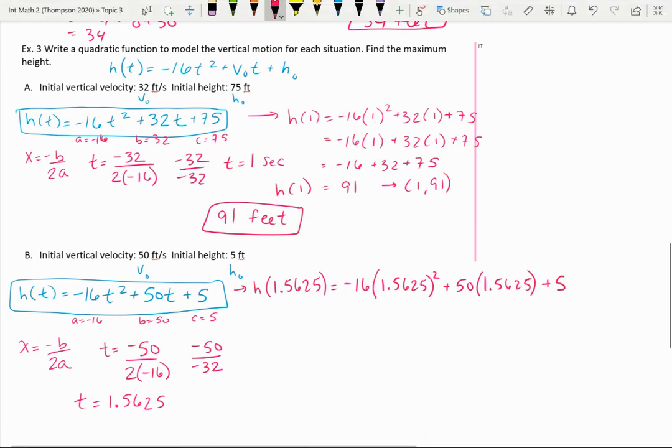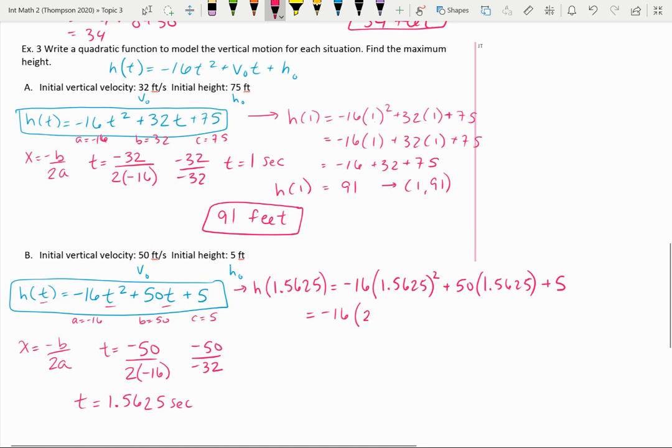So I've replaced all of my t's with my number of seconds to reach the vertex. Okay, order of operations. Now, I suggest when you plug in 1.5625 squared into your calculator, leave it there, because this is going to get worse before it gets better.